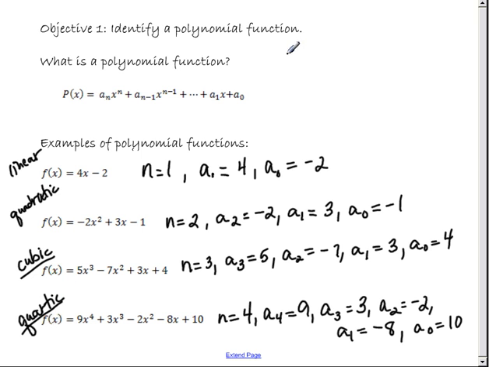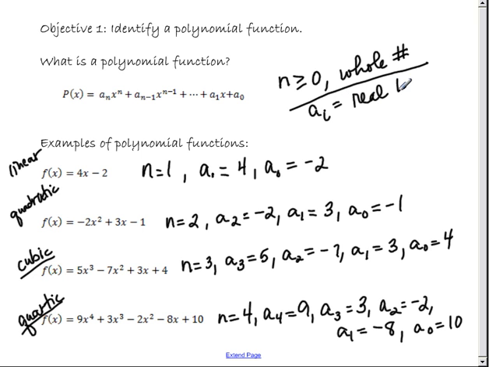Understand that n can be greater than or equal to 0, and in this case n is just a whole number. The values of a sub i can be any real number. You could actually talk about complex coefficients, but we're not going to get into that here.